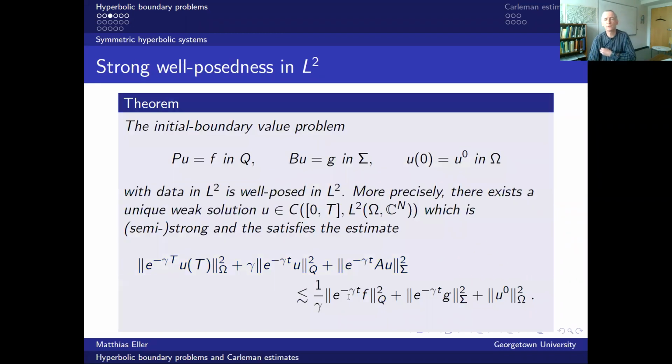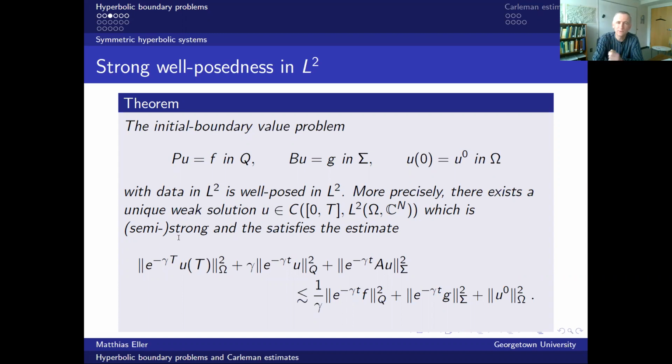And then we have the following theorem, which is usually referred to as a strong well-posedness in L2. So this initial boundary value problem, right? Differential equation, boundary condition, initial data, with data in L2, is well posed in L2. That means I get a unique weak solution, continuous in time, L2 in space, which is semi-strong.